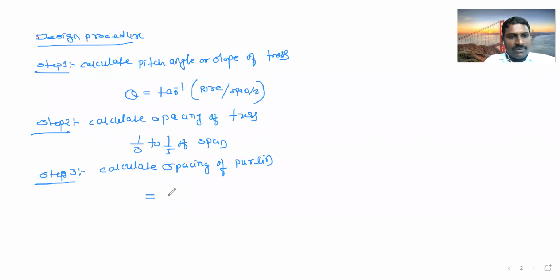Spacing of purlin we can calculate as span by 6 divided by cos of theta. So in this way we can calculate the spacing of purlin.